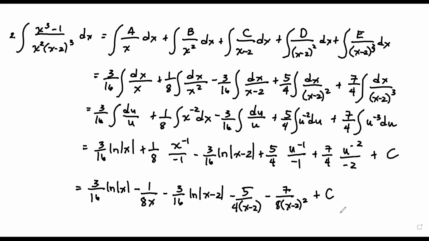So this is the answer: 3/16 ln absolute value of x minus 1/8x minus 3/16 ln absolute value of x minus 2 minus 5/4 multiplied by x minus 2 minus 7/8 square root of x minus 2 plus c.